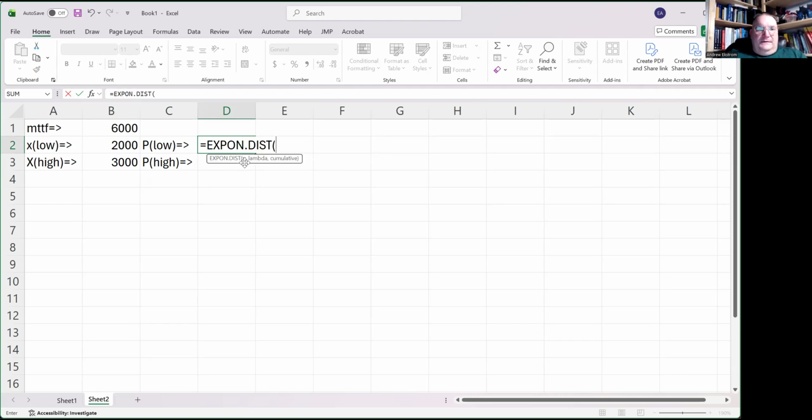All right, so there we go. X value, lambda, that's going to be our mean time to failure. And then cumulative is going to be true. Now, again, we need to look at these and again with the B1, force that to where it needs to be.